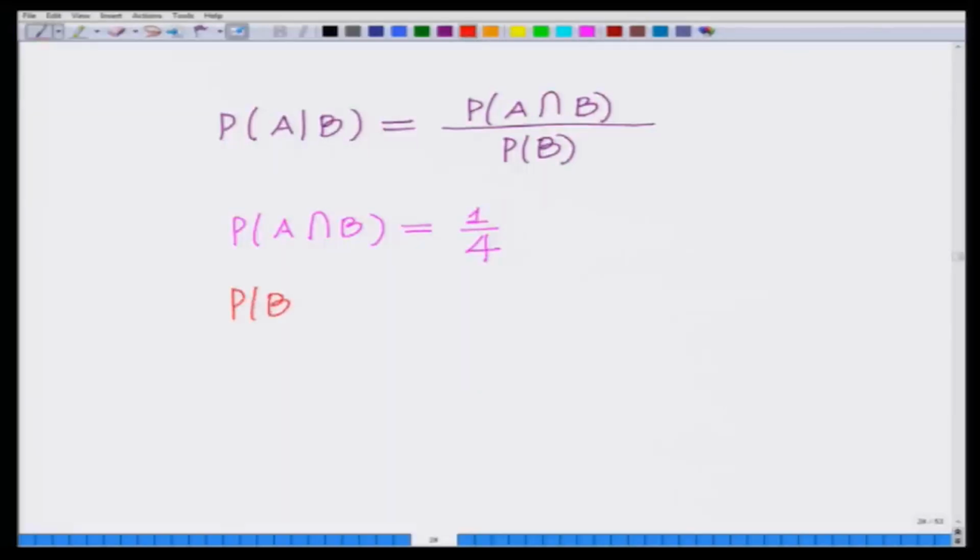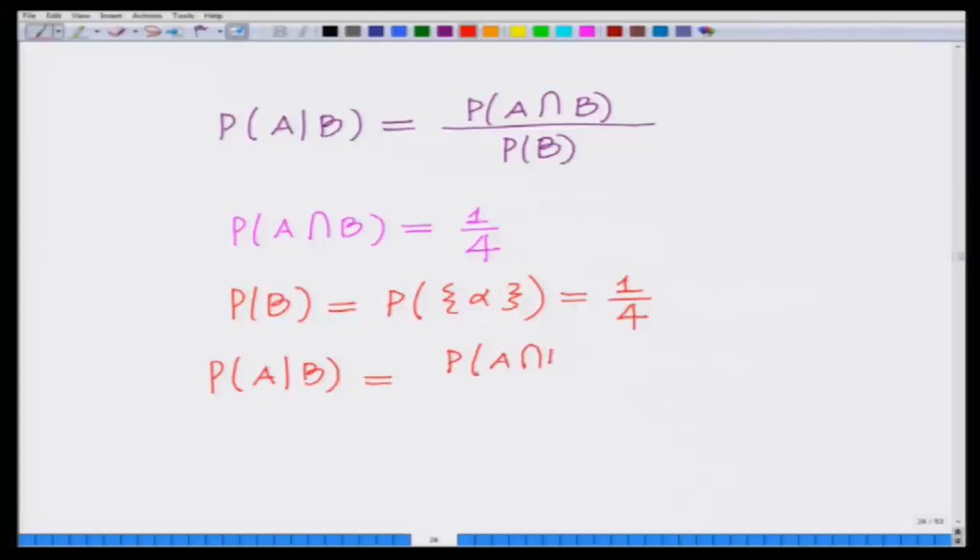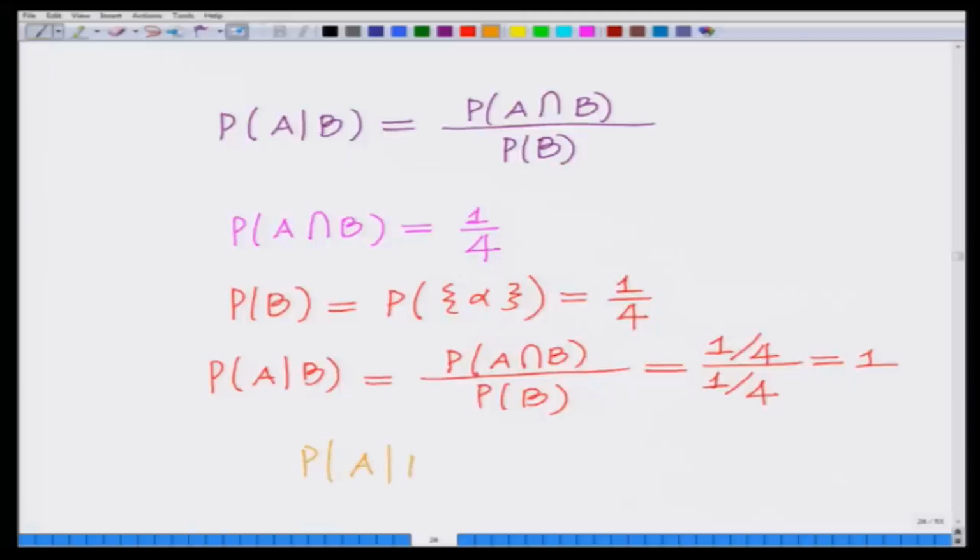Observe that the probability of B equals the probability of the set alpha, which is equal to 1 by 4, and indeed the probability of A given B equals the probability of A intersection B divided by the probability of B, which equals 1 by 4 divided by 1 by 4, which is equal to 1. Therefore, the probability of A given B is equal to 1.